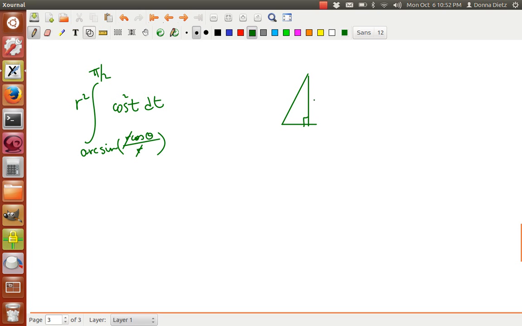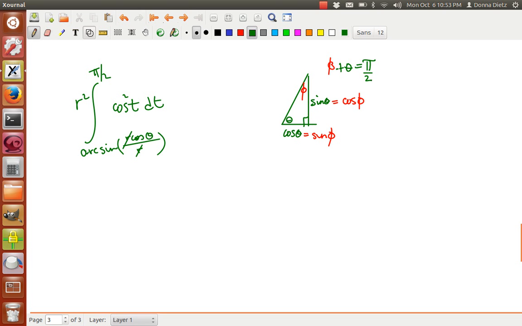Okay, so remember, whatever this is theta, if this is sine theta and this is cosine theta, but then there's another angle on the other side of the triangle, and that is, say, cosine of phi, sine of phi. And the point is that phi plus theta have to equal pi over 2.